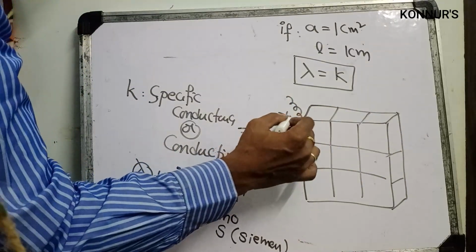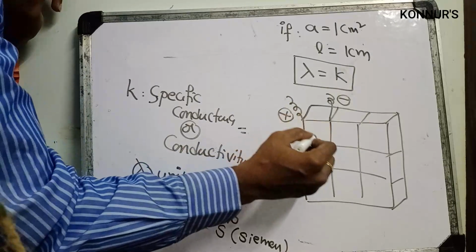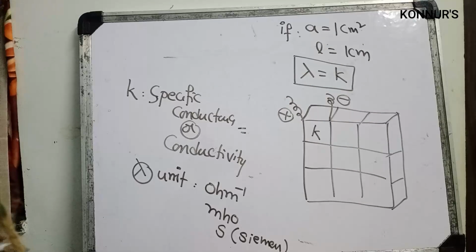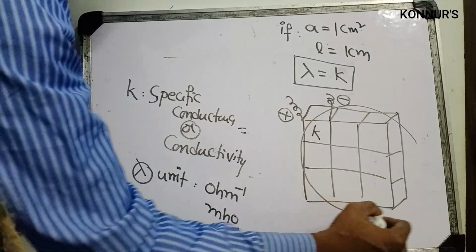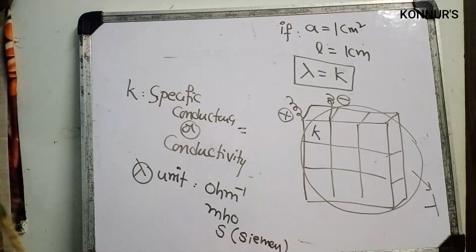Here it is connected with positive, here connected with negative. In one box, the conductance is the specific conductance. Total 9 boxes, this much volume conductance you can take as the lambda value.